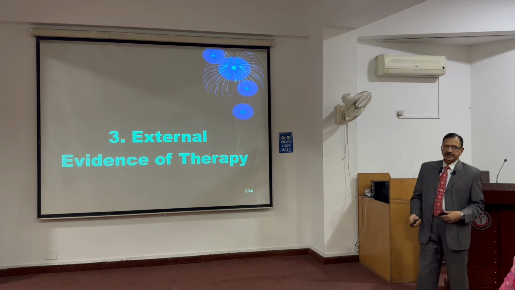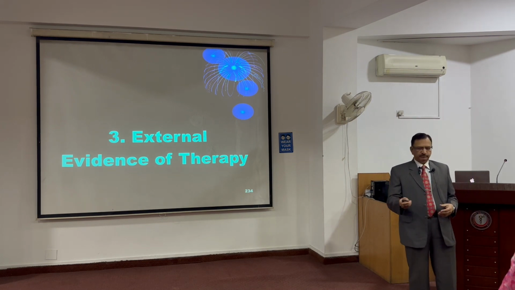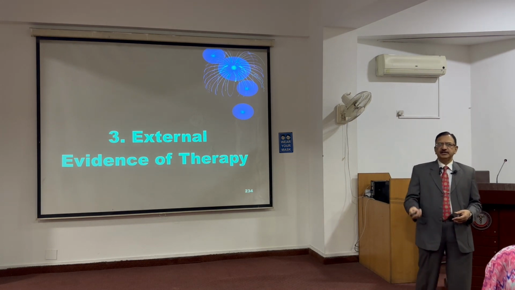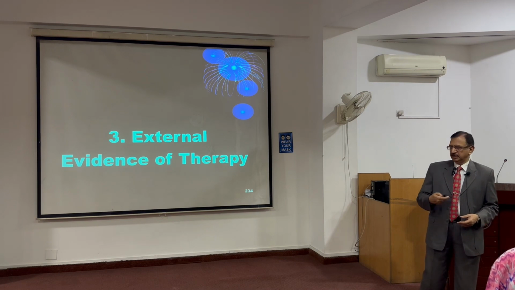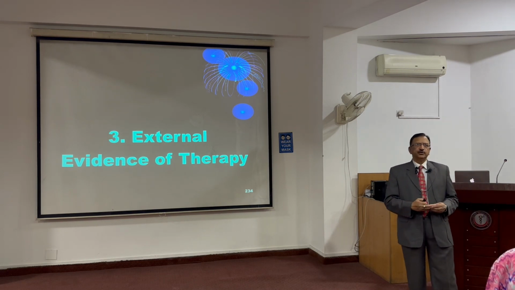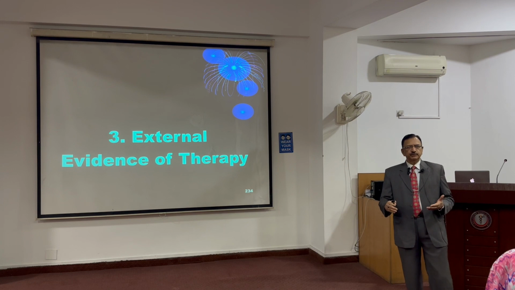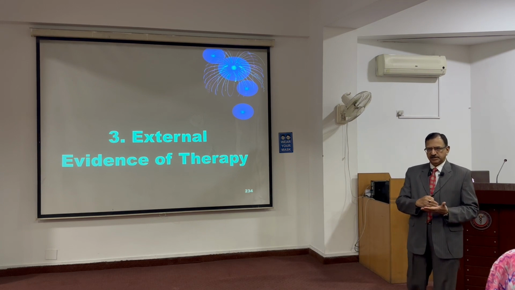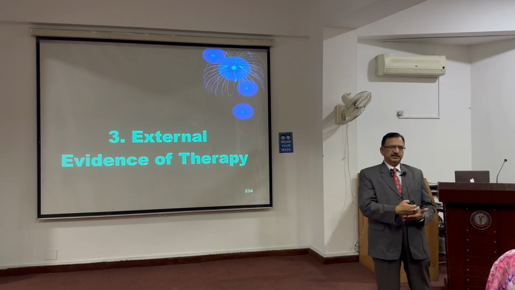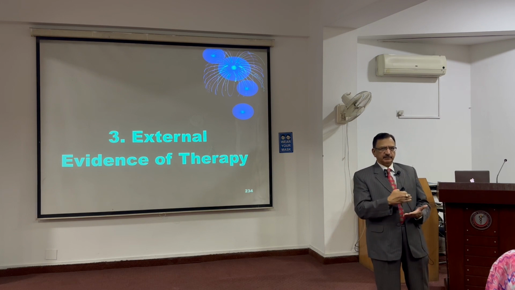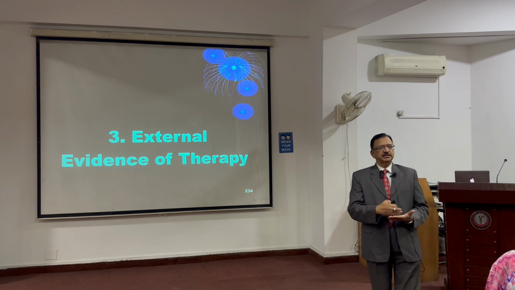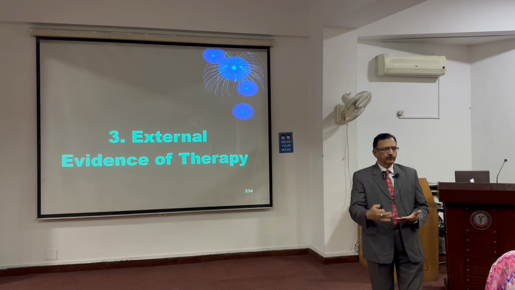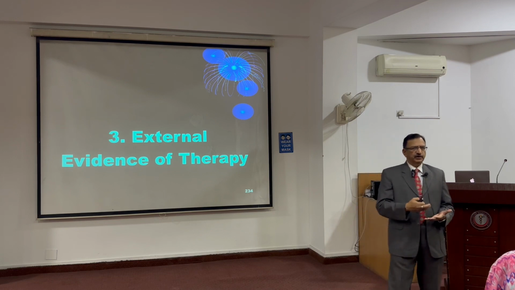Then external evidence of therapy, as I told you, when the person was hospitalized, surgical intervention, stitching, so everything is noted down. If it is a stitched wound, you will write it down. A surgical stitched wound at whatever site, 6 stitches of black silk or prolene, whichever material, you will note it down.